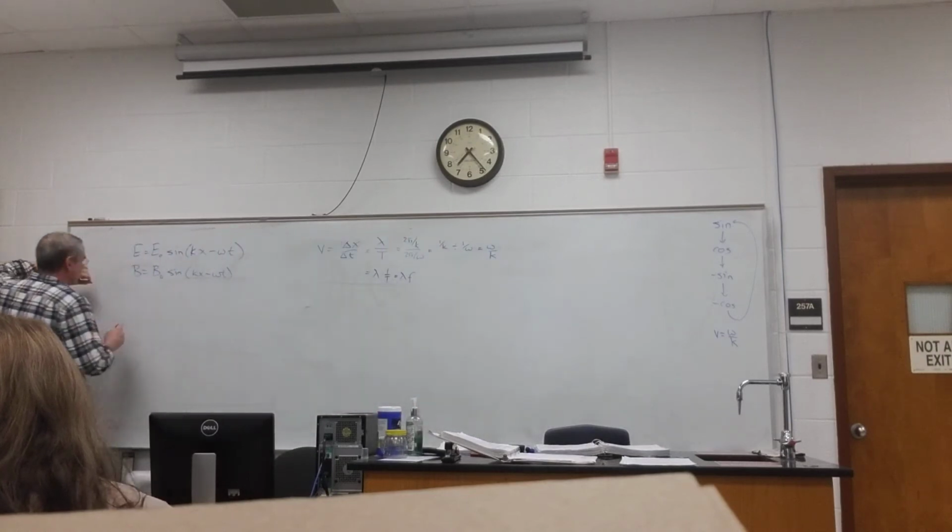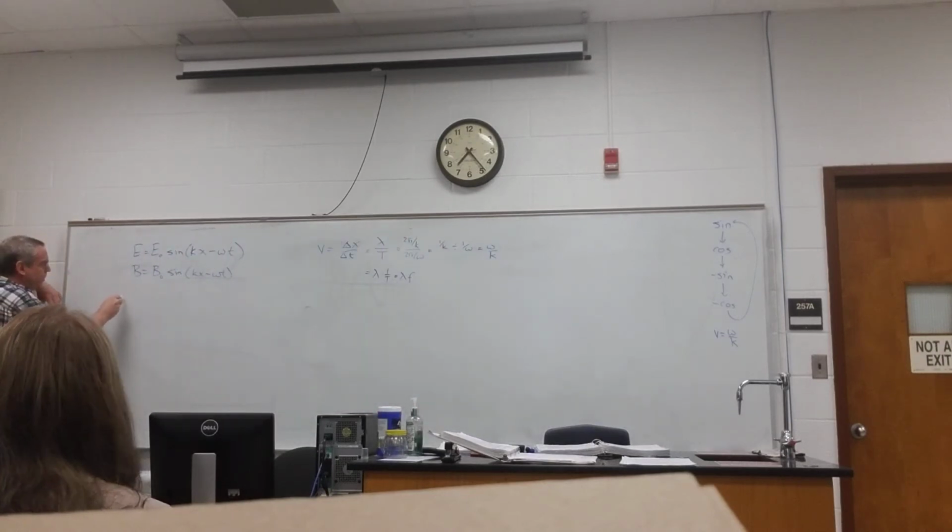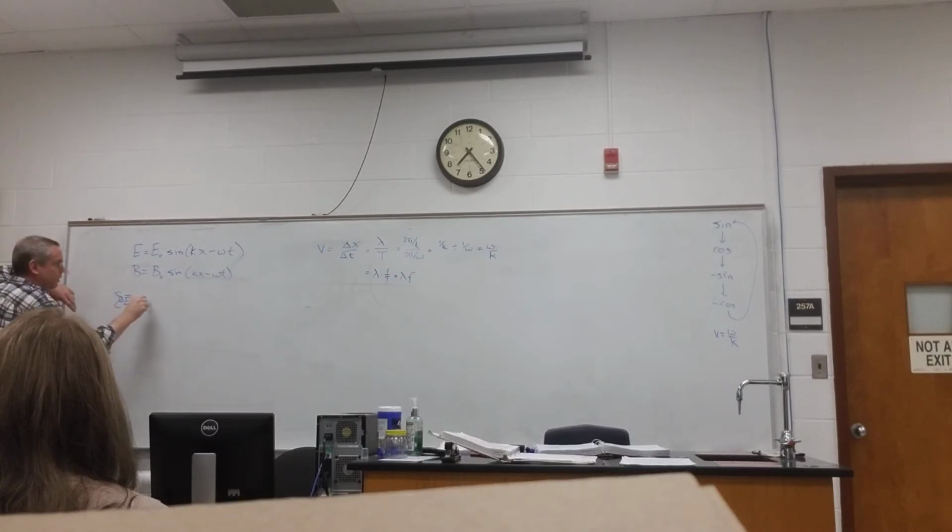Now, we're going to use 2 of Maxwell's equations here. We're going to do the sum of E dot delta L around a loop is equal to the negative change in magnetic flux over time.